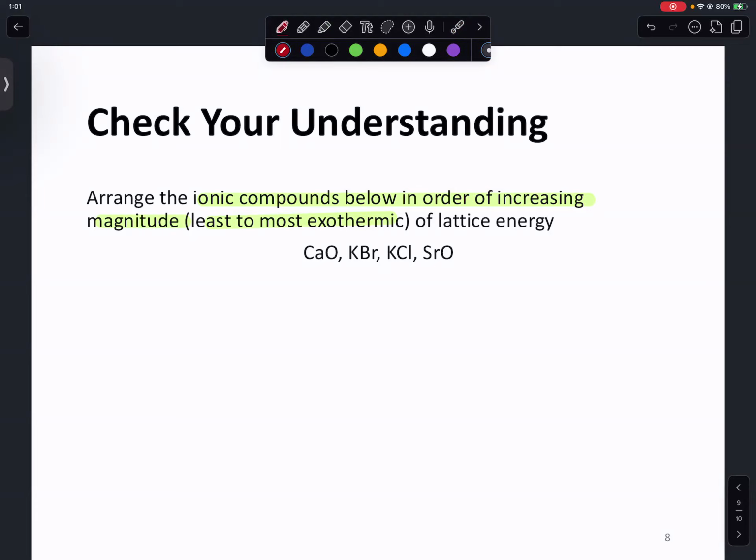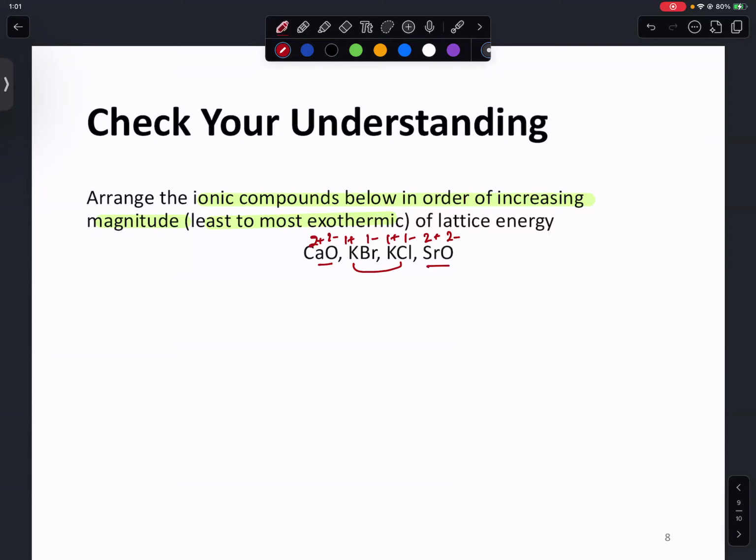We said charges are more important than size. For potassium chloride and potassium bromide, we have 1 plus and 1 minus. For calcium oxide and strontium oxide, we have 2 plus and 2 minus. That means the lattice energy of potassium chloride and potassium bromide is going to be lower compared to calcium oxide and strontium oxide.